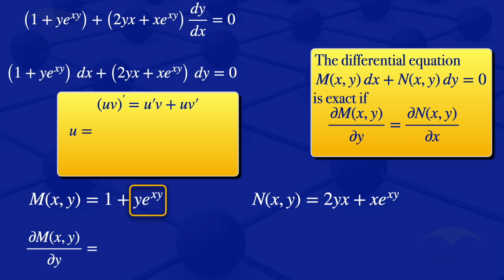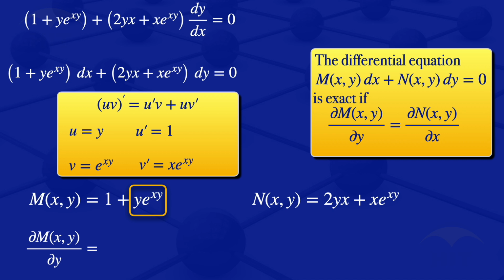I will choose my u to be y, and differentiate u to get u'. The derivative of u with respect to y is 1. Then my v will be e^(xy). I differentiate that v with respect to y, treating x as a constant because this is a partial derivative. Therefore v' is equal to x e^(xy).